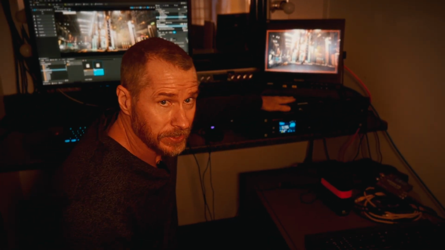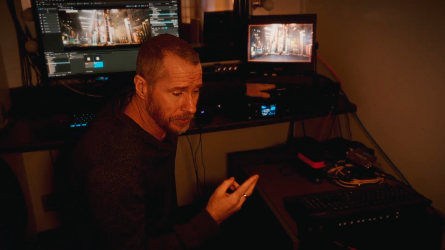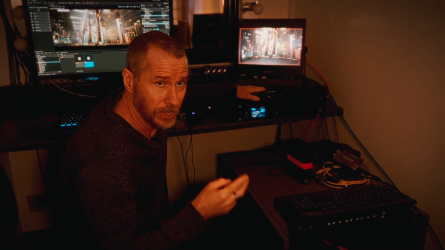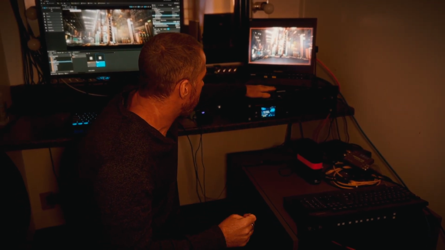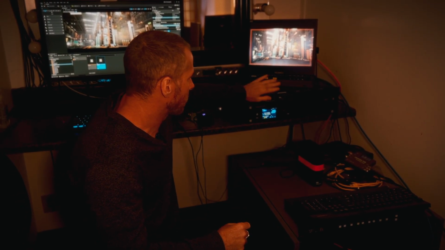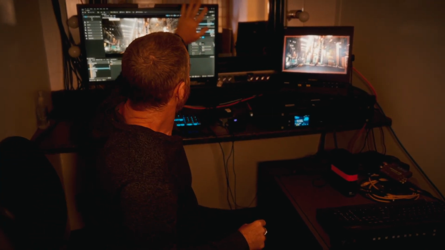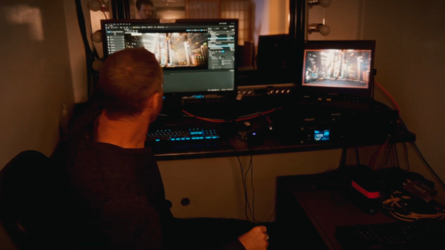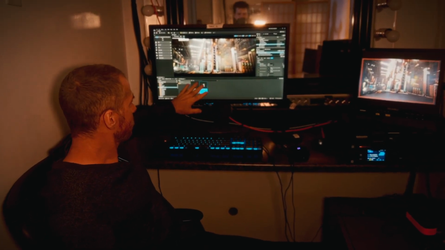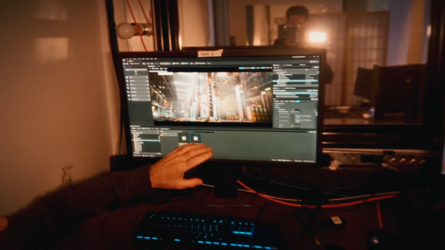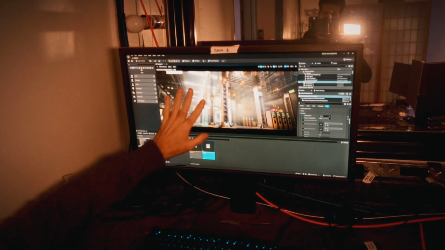This is a Novastar system. Your main 2 processor companies are Novastar and Brompton. This is a Novastar processor. If you see here, this is Unreal Engine, which you've seen at this point, and this is our environment.